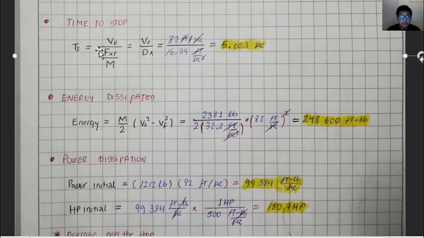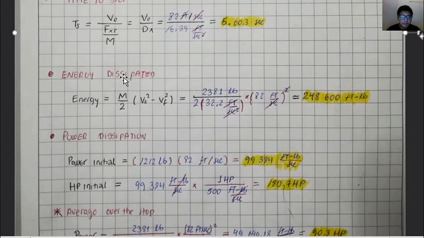Then I calculate the time to stop. The time to stop is equal to the initial velocity divided by Fx divided by m, which is the same as the initial velocity divided by the deceleration. I replace the values and the final value is 5.003 seconds. Then I calculate the energy dissipated.